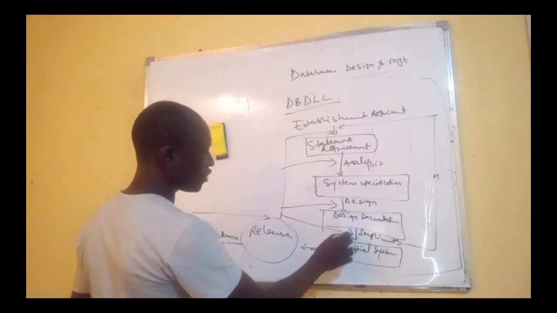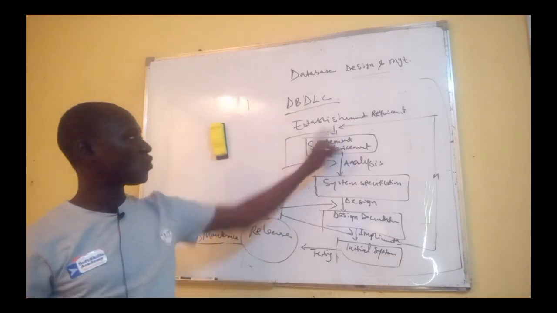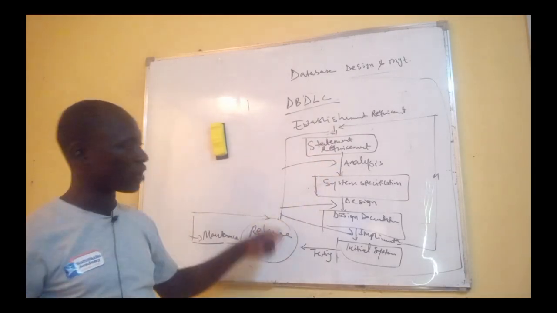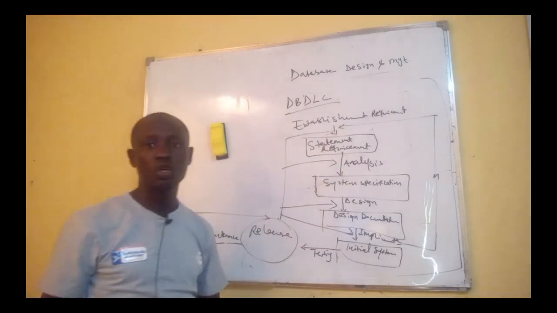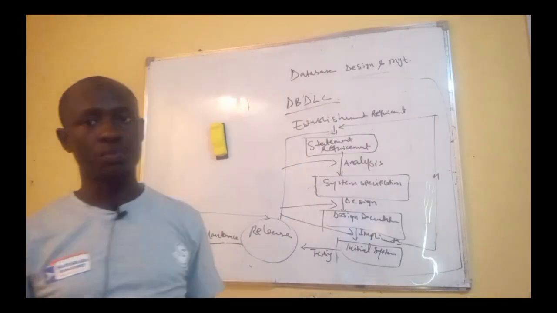Are we together? From this release, you can go back to requirements, you can go back to statement, you can go back to analysis, you can go back to design, you can go back to the implementation phases, and you can follow all these processes.